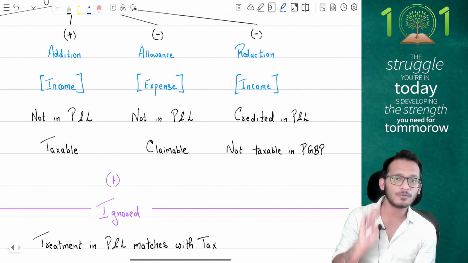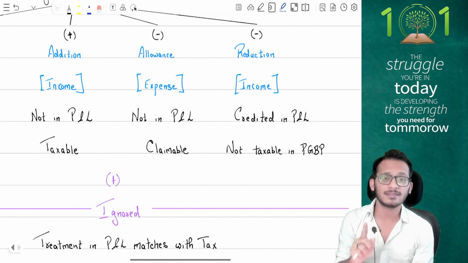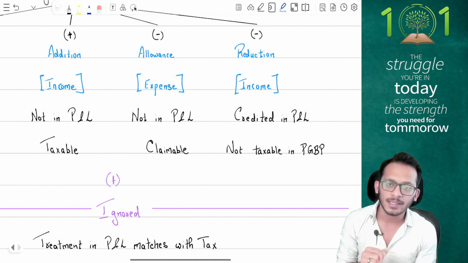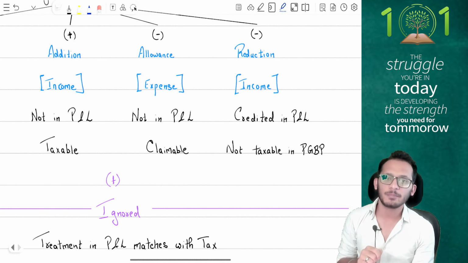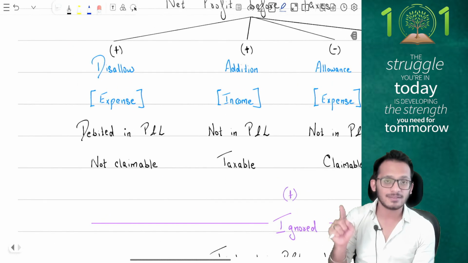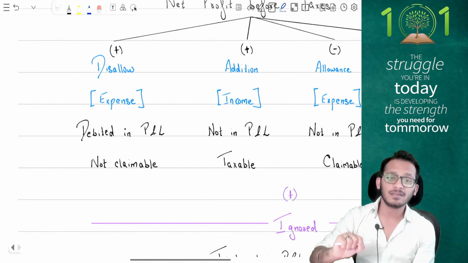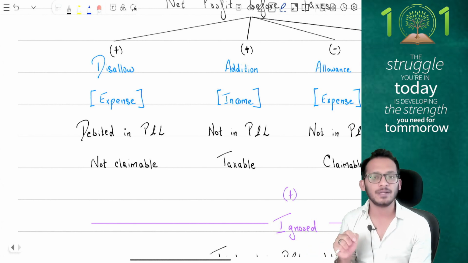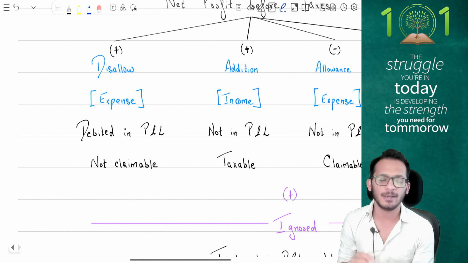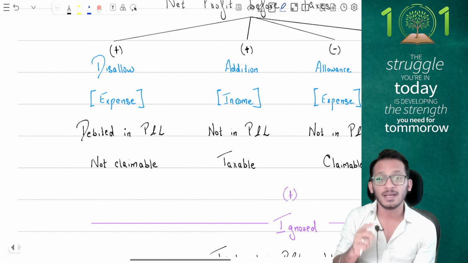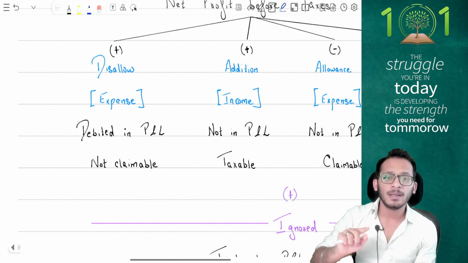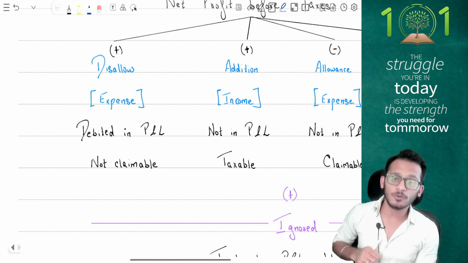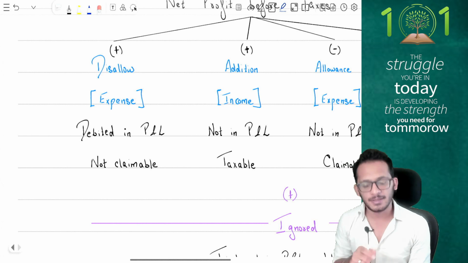So there are 4 words which you critically need to know and understand before you start doing a PGBP computation. Word number 1 is something called disallowance. Disallowance means something which is already an expense in P&L, but income tax says do not claim. Second word is called additions. Item which is an income but not there in P&L, I am proposing to make it an income in income tax.